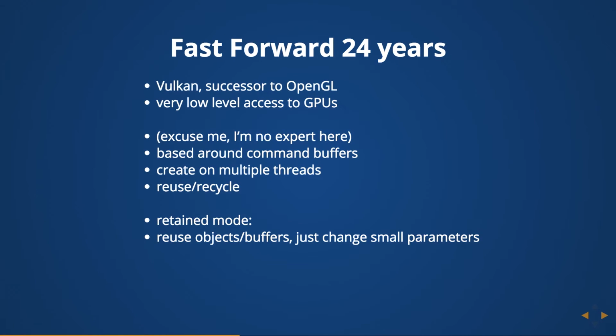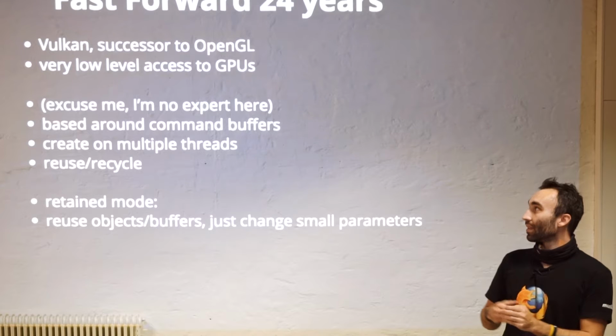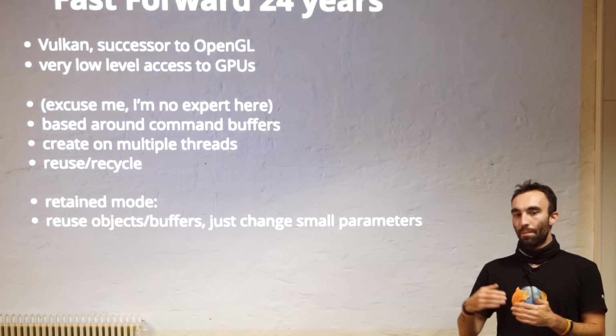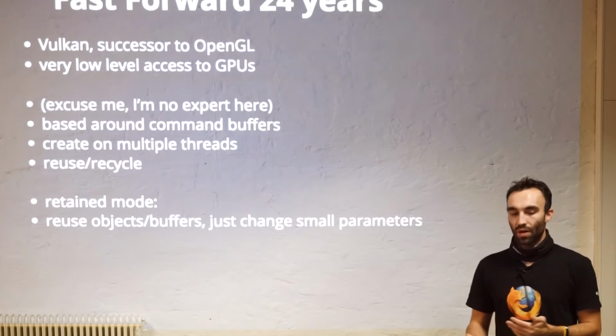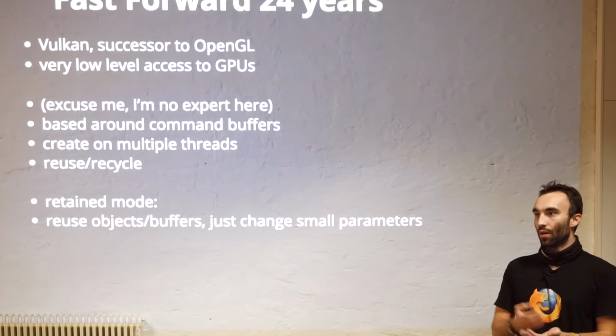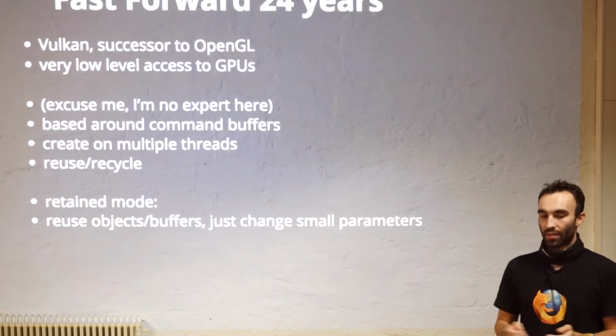So you can create command buffers on different threads, because the problem with OpenGL was it didn't have multi-threaded state. So Vulkan fixed this by allowing you to create different command buffers in different threads. And those command buffers are basically the rendering commands. Vulkan is more of a retained mode API than OpenGL is or was.